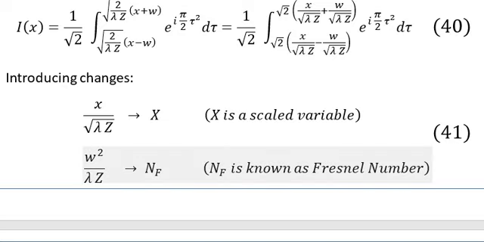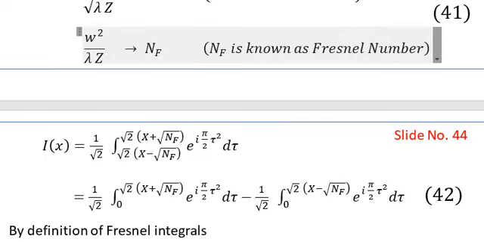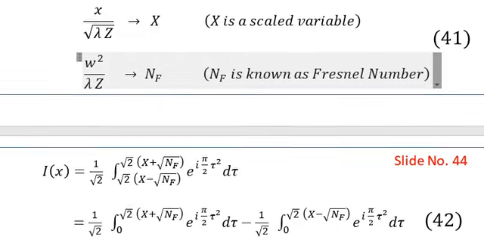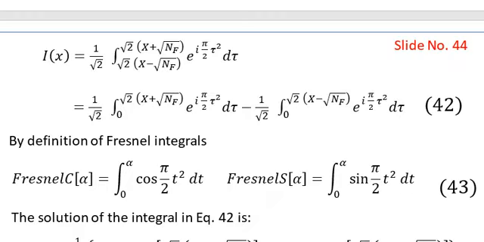Since we have w over square root of lambda z in the limits, we shall replace those quantities by square root of NF. So now the integral in equation number 40 has been replaced as given in equation number 42. The limits have been changed to capital X and square root of NF.